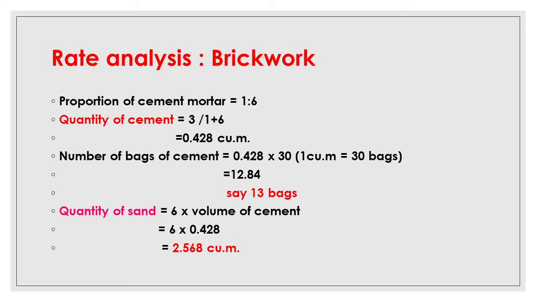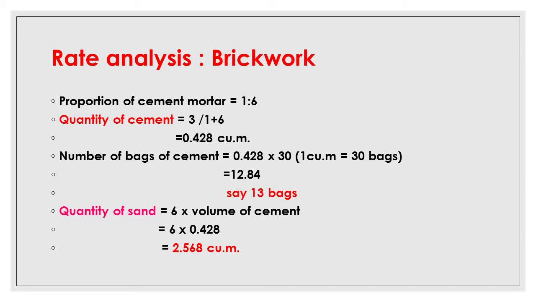Say 13 bags of cement will be required. In other words, for 10 cubic meter brickwork, we need 13 bags of cement. To talk more precisely, for 10 cubic meters we need 13 bags of cement. So for 1 cubic meter brickwork we need 1.3 bag of cement.